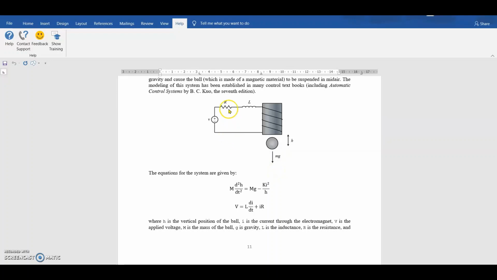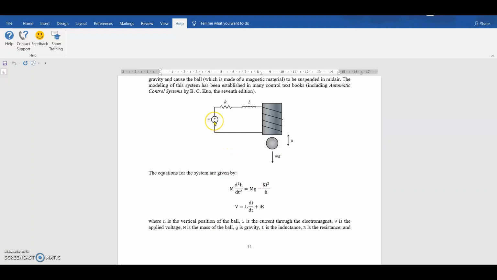If large current flows through this inductor, this ball goes upwards. If current is less, this ball will go down. As we will see, this system is inherently unstable.